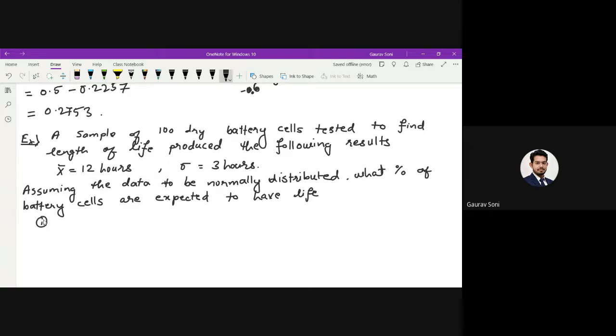First one, more than 15 hours. Second, less than 6 hours. Between 10 and 14 hours.